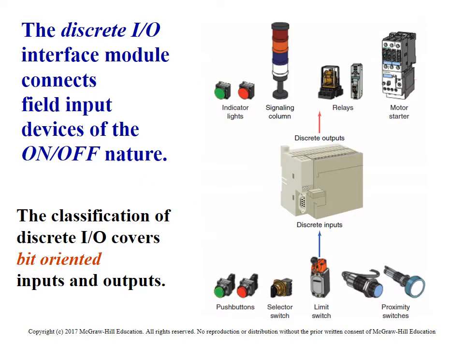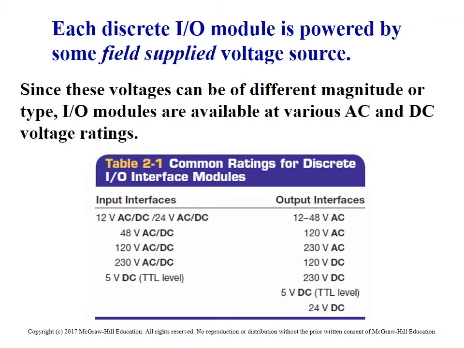Discrete I/O modules. So here we are looking at some discrete I/O. They're showing some different signals here, some inputs and some outputs for field devices. Some of the different voltages you can deal with, 12. Most everything you're going to deal with in industry is going to be 24 volts DC.